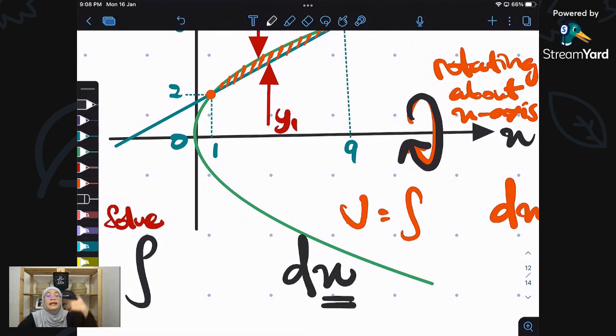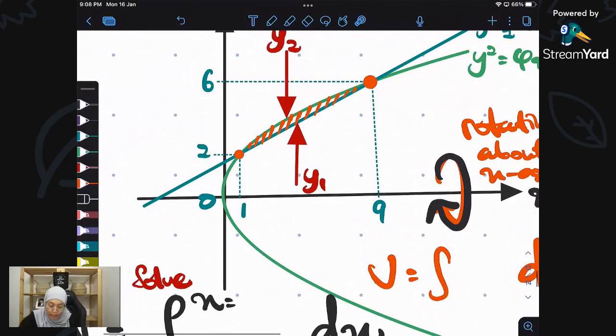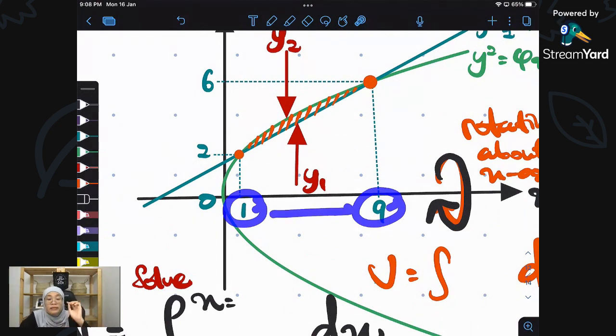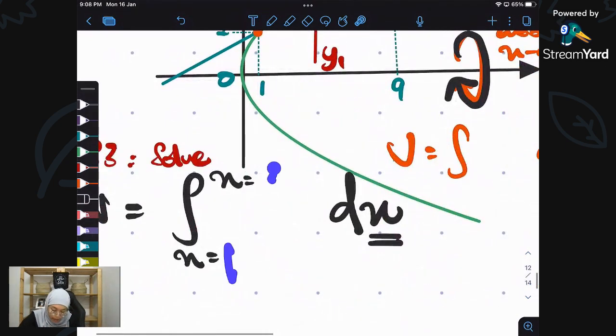That is why we choose x, dx. The limits should be in x. You need to know where the area of the region is. The limits are from 1 until 9 only, so you put 1 and 9 here.